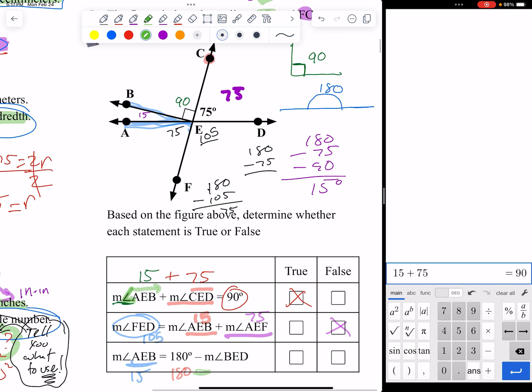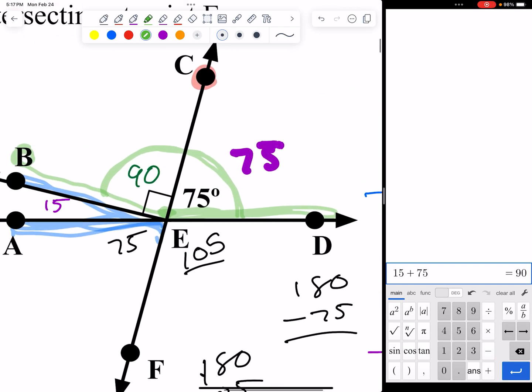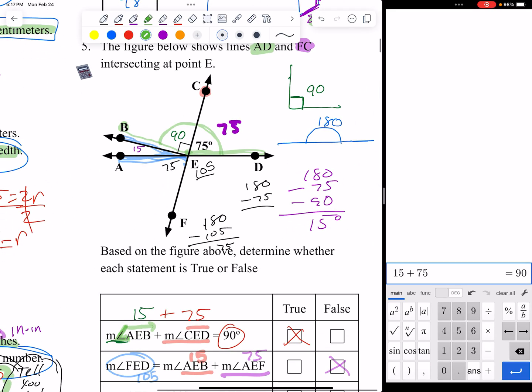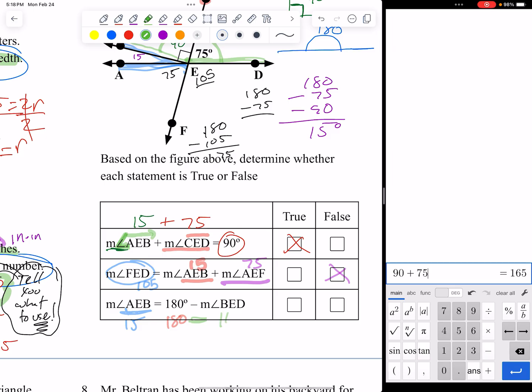So that's BED, this whole thing right there. So let's see. BED is 90 and 75. So 90 plus 75 equals 165.